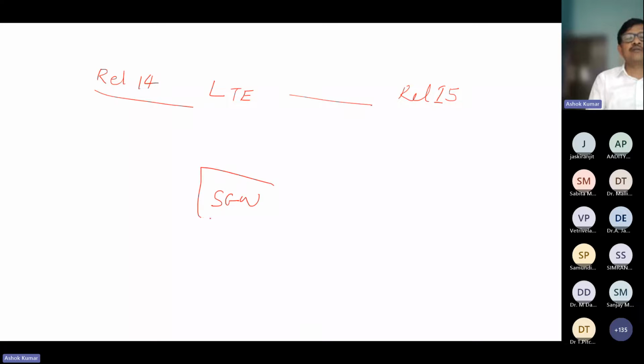If you go to release 14 of LTE, just before 5G release 15, because everyone wanted to migrate their 4G network to 5G, what 3GPP had done is that the SGW box, which you have in 4G, they divided into two parts: SGW-U, that is the user plane part, and SGW-C, the control plane part.